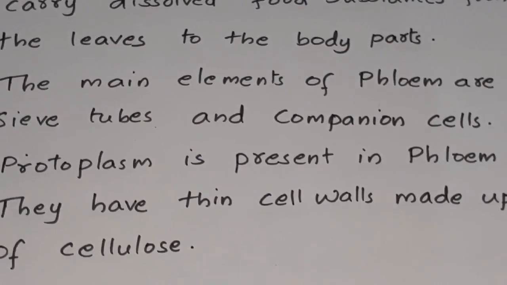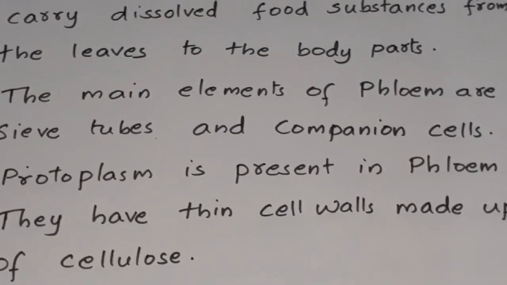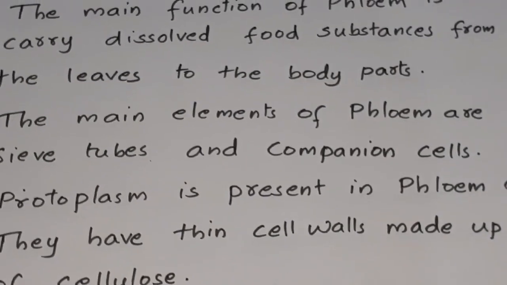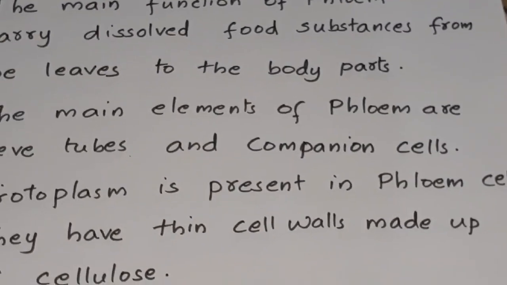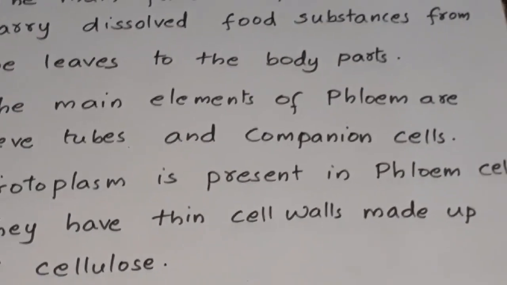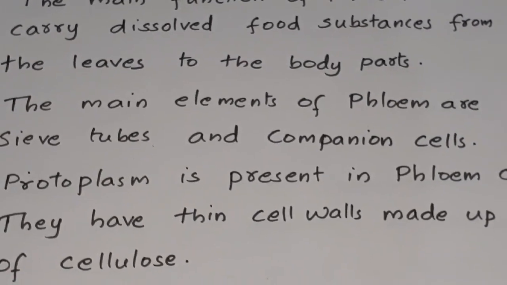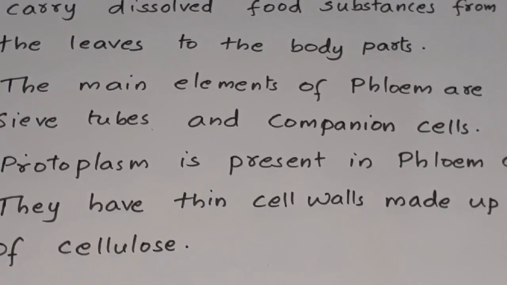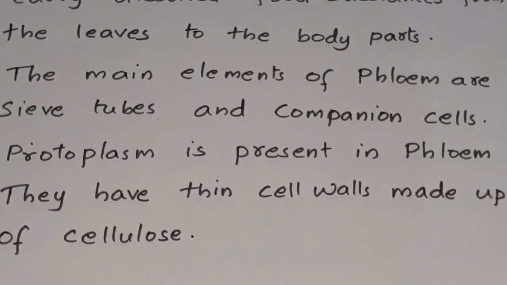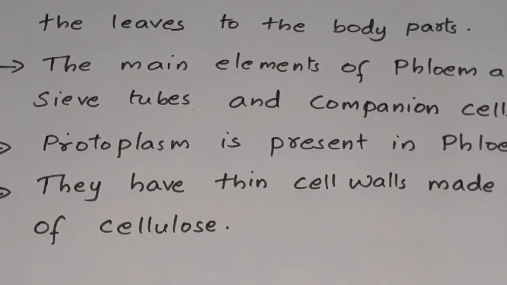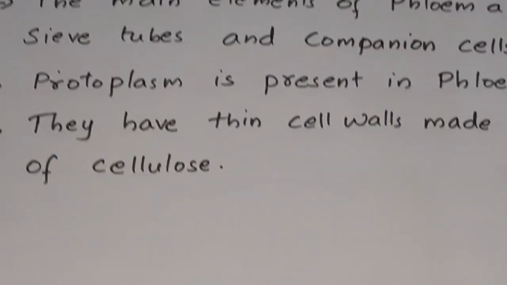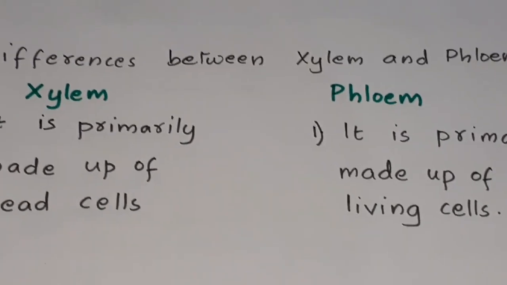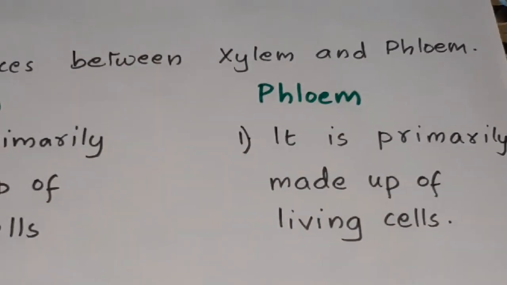In xylem, protoplasm is absent, but in phloem the protoplasm is present, and they have thin cell walls made up of cellulose. In xylem, they have thick cell walls made up of lignin. Now we will see the differences between xylem and phloem.